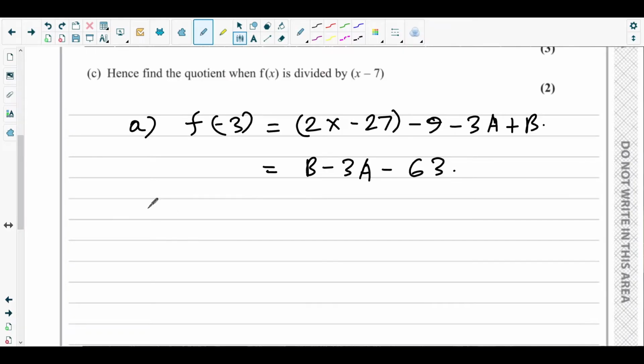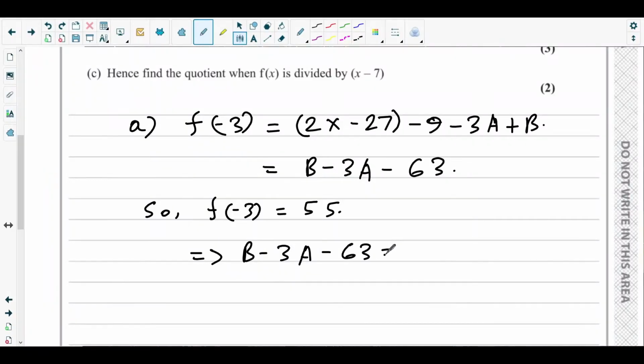By the remainder theorem, the remainder is f of negative 3, which equals 55. So we can write b minus 3a minus 63 equals 55.